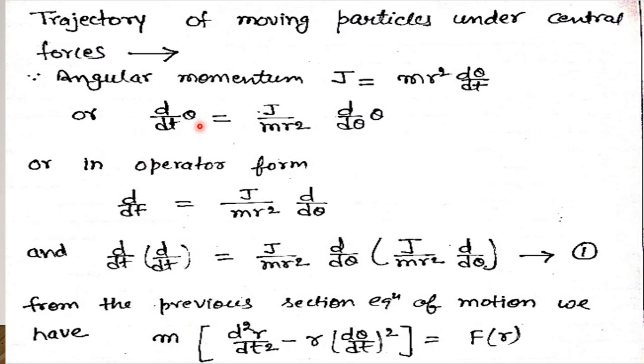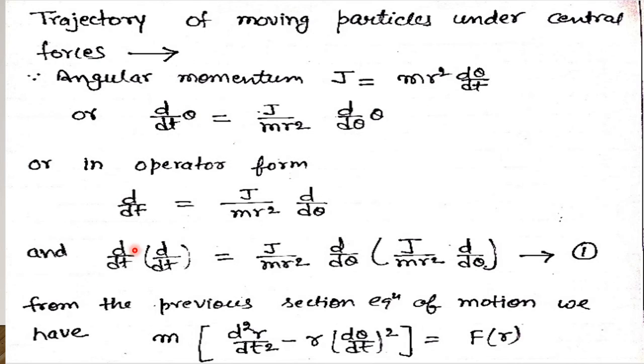Okay, and what can we write in operator form? d/dt equals j upon mr² d/dθ, because if we take both these θ in brackets, then we have this operator form.